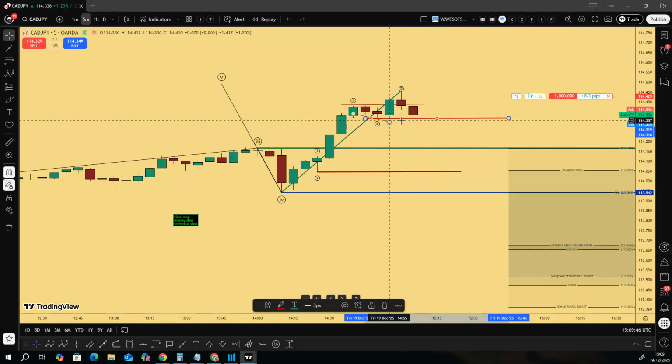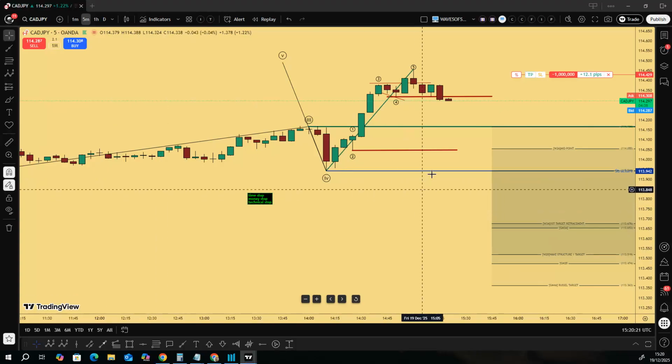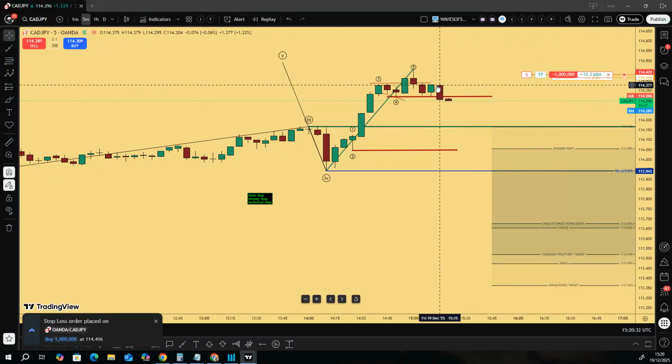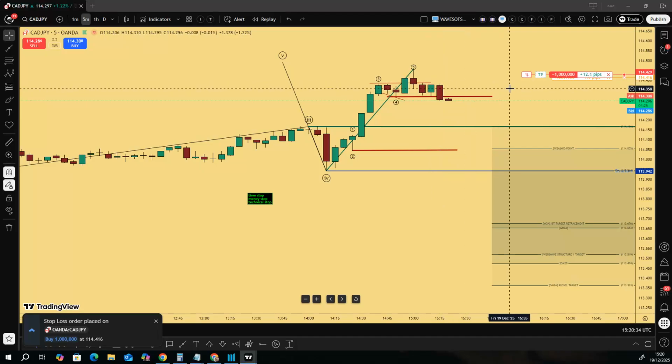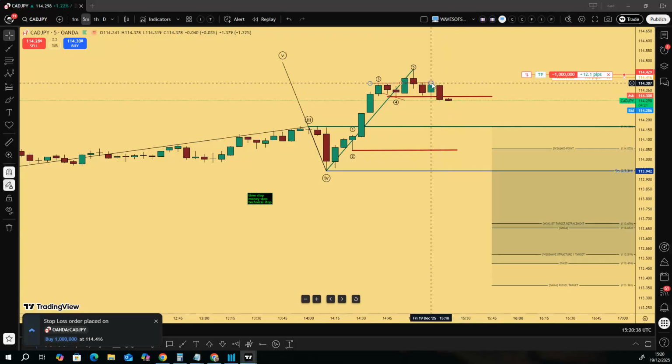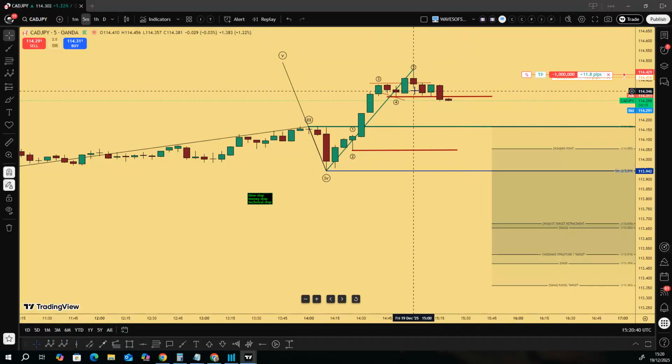That's the 4. We're coming close to 8. Okay, so this is where we can lock in a profit. With this type of reversal, this is now a risk-free trade.